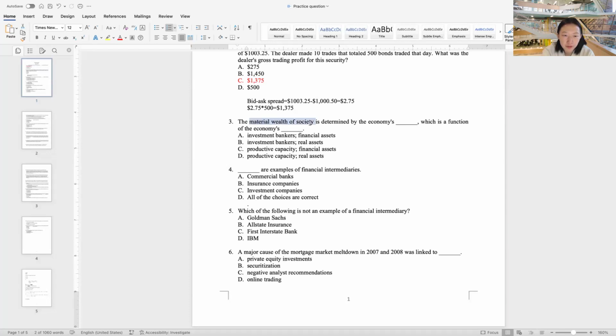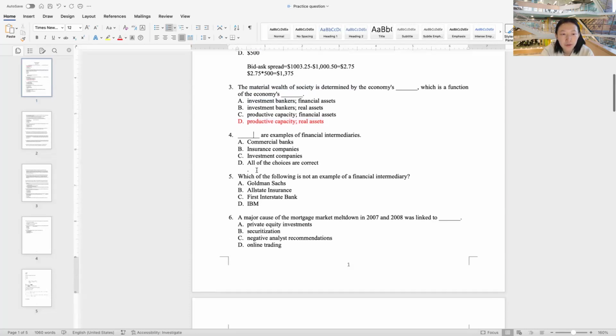The material wealth of society is determined by the economy's productive capacity, so nothing related to investment bankers. Productive capacity is a function of the economy's real assets. Real assets can generate production capacity. Financial assets only define how people allocate and share the return.